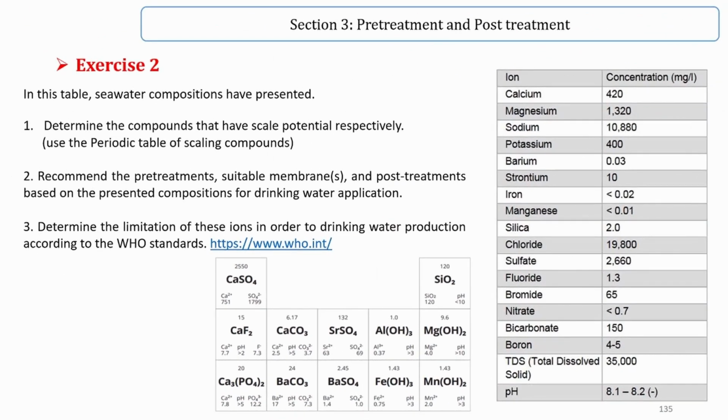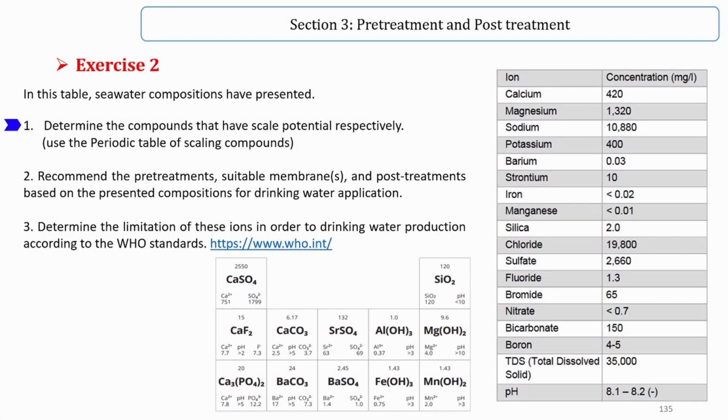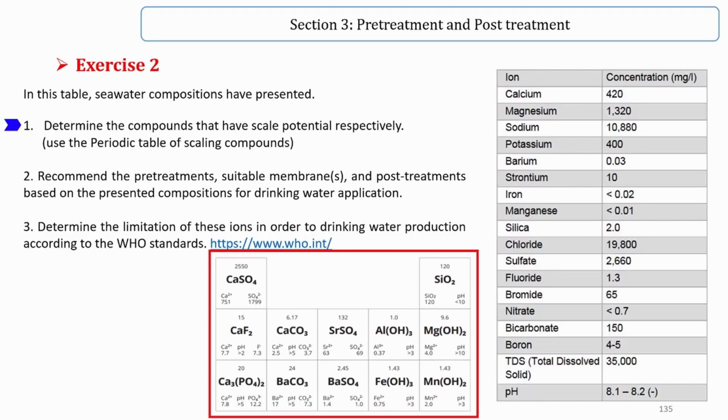Exercise 2. In this table, seawater compositions are presented. First, determine the compounds that have scale potential respectively. For this, use the periodic table of scaling compounds that is presented in this slide.